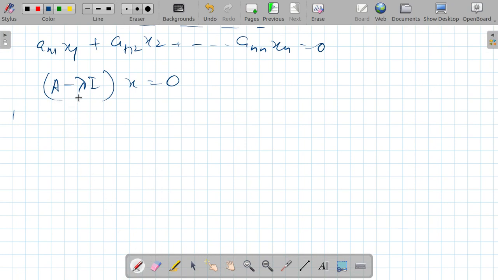Now it's an nth order polynomial equation.